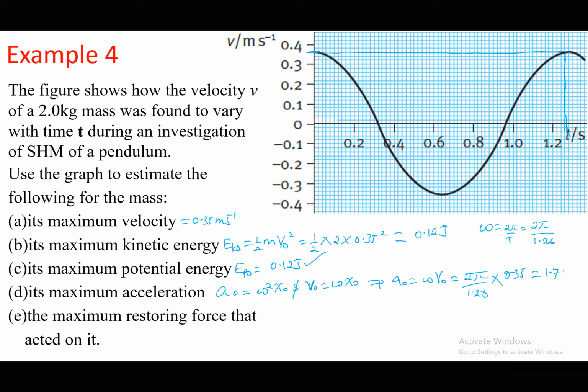Then the maximum restoring force, of course, force is equal to mass times acceleration. So it's going to be the mass times the maximum acceleration, which is 1.7, and this is going to give us 3.4 newtons. So I think these are going to be the answers to this question.